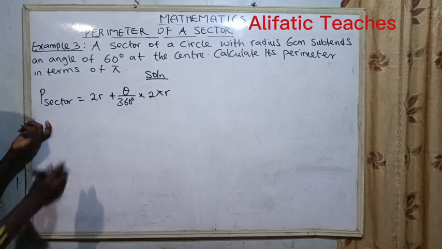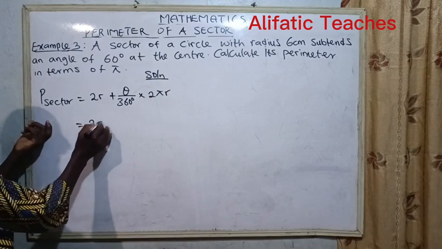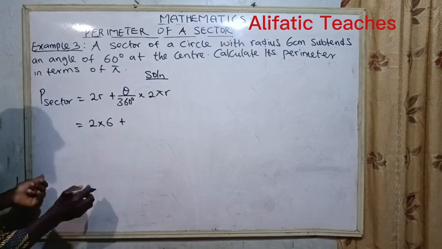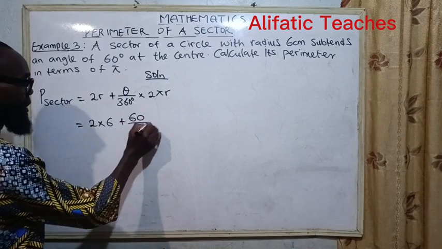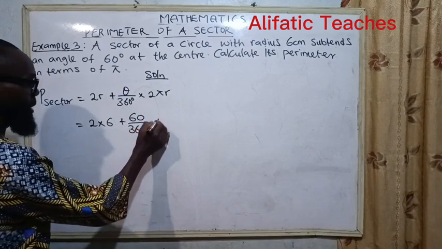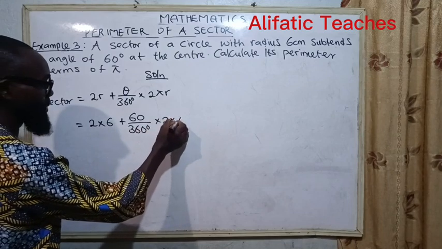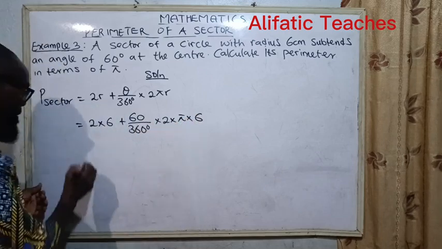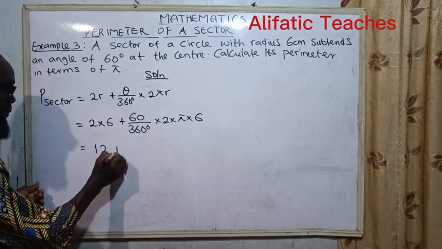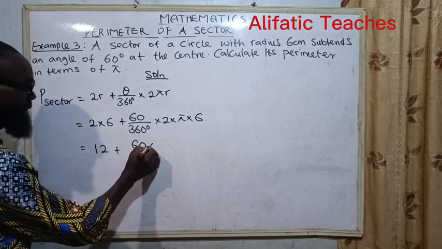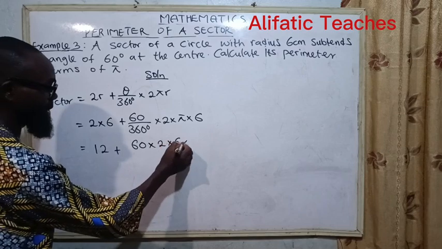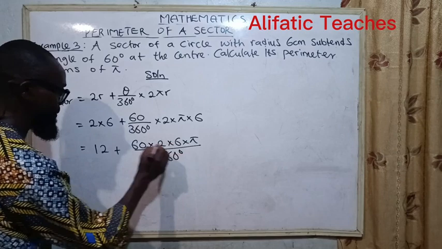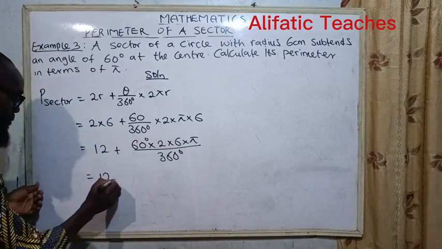so to calculate the perimeter of a sector, we have 2 multiplied by the radius given to us, 6, plus our angle 60 over 360 degrees multiplied by 2 times pi times our radius 6. So we have 12 plus 60 times 2 times 6 times pi divided by 360 degrees.